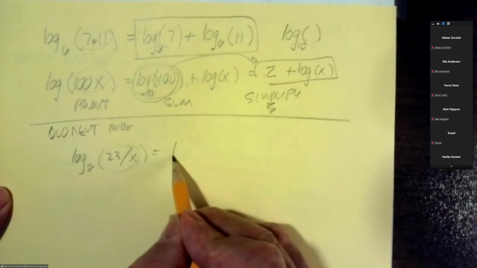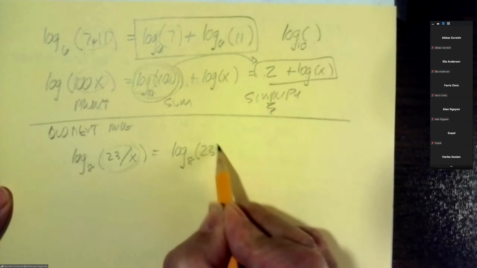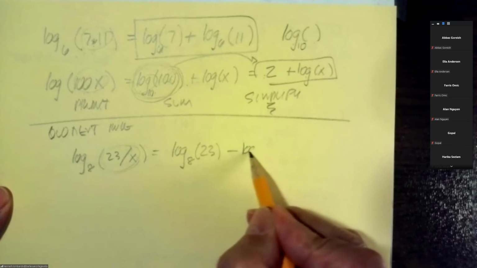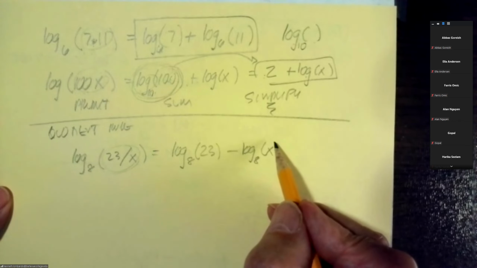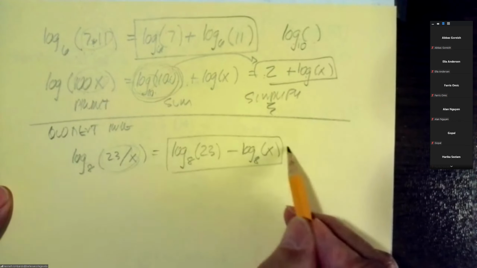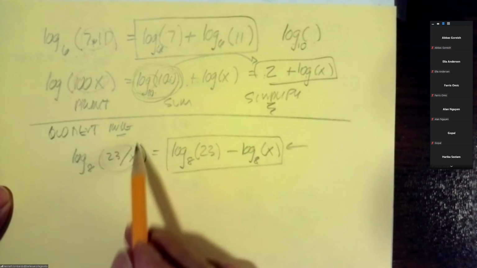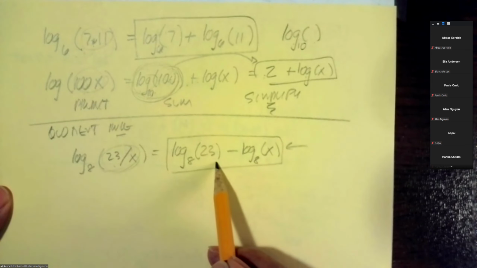Using the quotient rule, I'd say log base 8 of 23. And then I'm going to subtract log base 8 of x. And if I can't simplify it any further, then I say that's my solution when I use the quotient rule, using the quotient rule to expand this logarithmic expression.